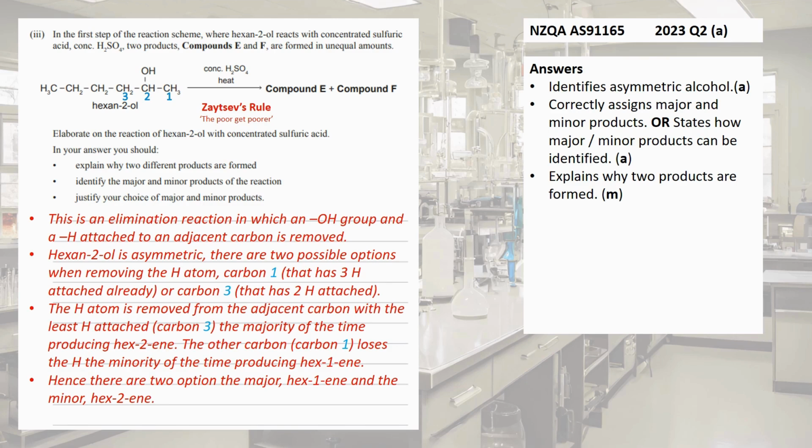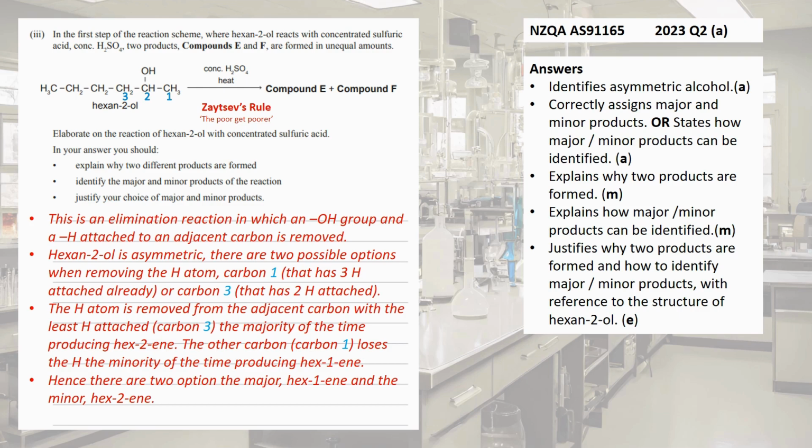So this is more detailed. Did we say that because there are two different options, we will form two different products? Did we explain how the major and minor products can be identified? And the last thing is, justify why two products are formed and how to identify major and minor products.